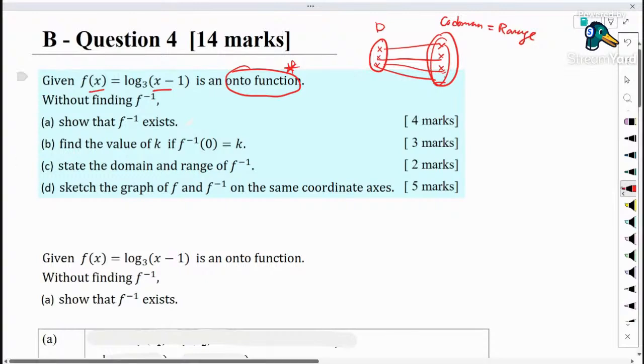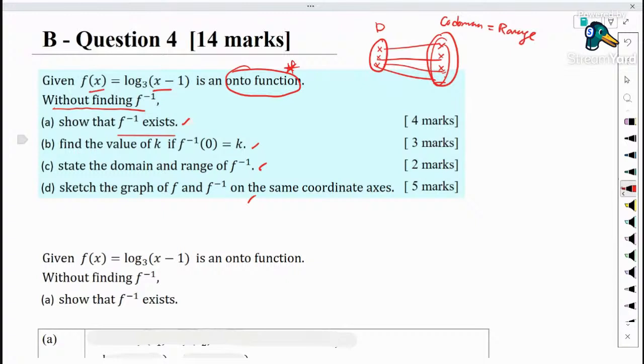Okay. Then they have a requirement: without finding the inverse. We would like to solve the following parts without finding the inverse. So never ever spend your time to find the inverse. First, show that the inverse exists. Is there a way that we can tell that the inverse exists without finding it?